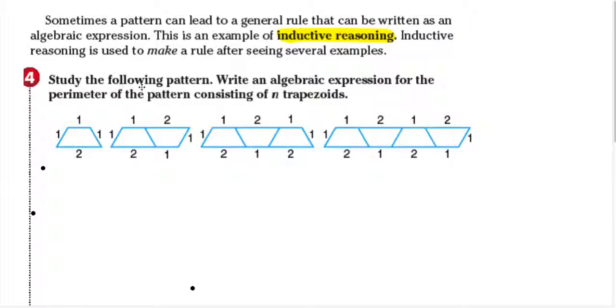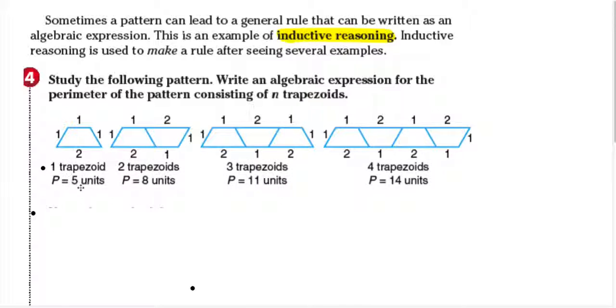Study the following pattern. Write an algebraic expression for the perimeter of the pattern consisting of n trapezoids. Again, you need to know what a trapezoid is. A trapezoid is a quadrilateral with exactly one set of parallel sides. In this case, let's take a look at our trapezoids. One trapezoid, perimeter 5 units.